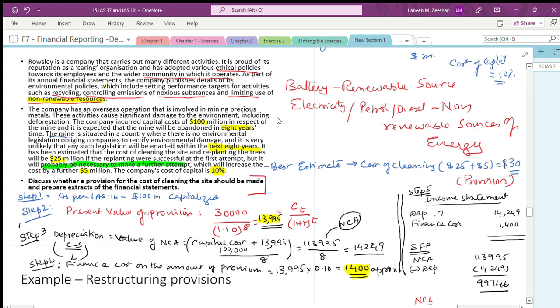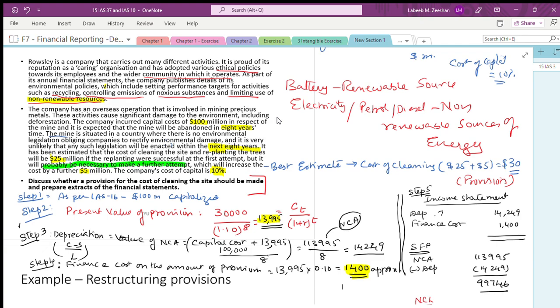We will incur the cost of cleaning and replanting after 8 years. After 8 years, we should know the present value now. Got my point? We have to discount it in the beginning.